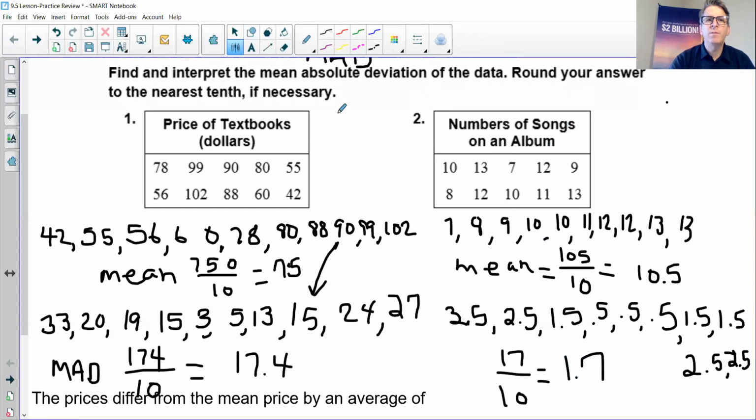A MAD of 1.7. Now let's write down what that means.